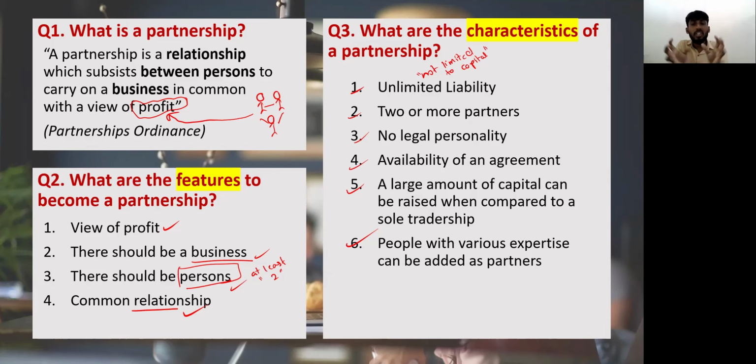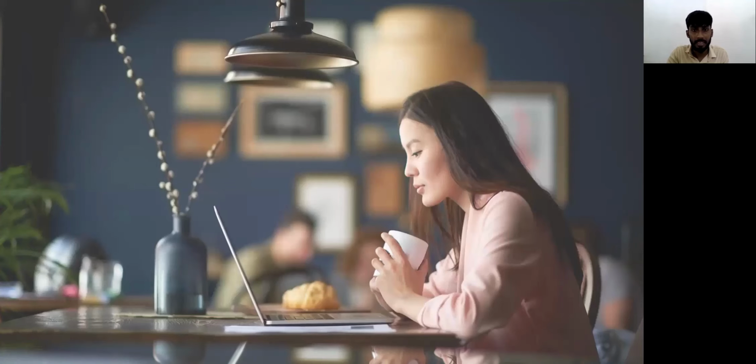So my partnership will have various expertise. But in case I am doing a sole proprietorship, what do I have? I know only financial accounting, so I will be based on financial accounting. Clear? I hope now these three aspects are clear with you.